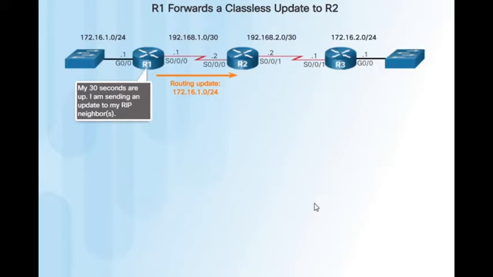But right now, as we speak, modern networks no longer use that type of classful routing. So in this scenario, we're going to simulate a forwarding of routing update using classless type of routing. Okay, so classless IPv4 routing protocols.